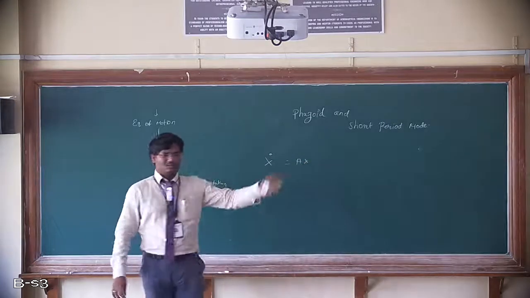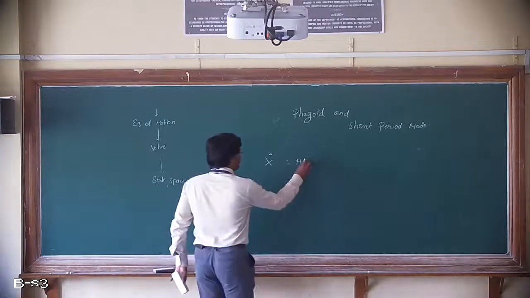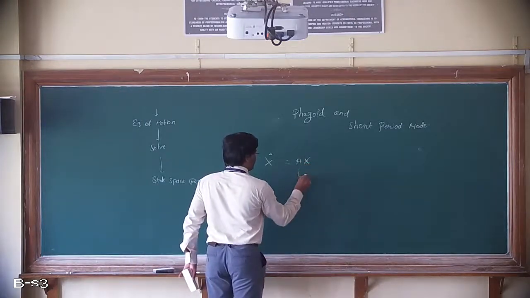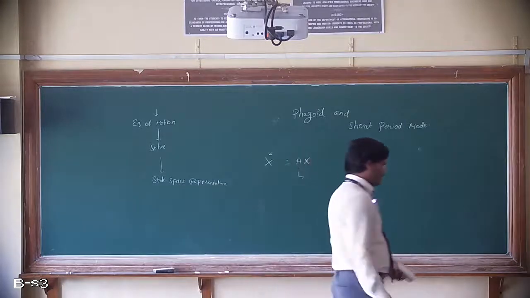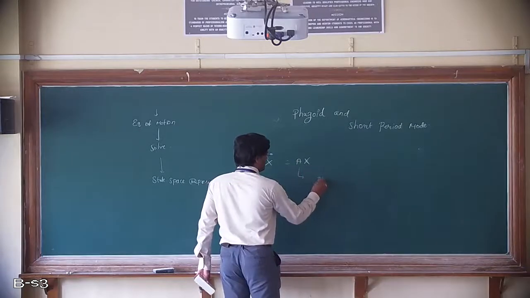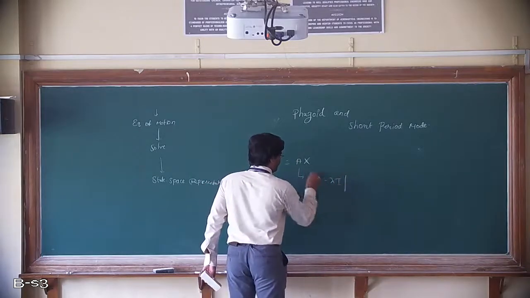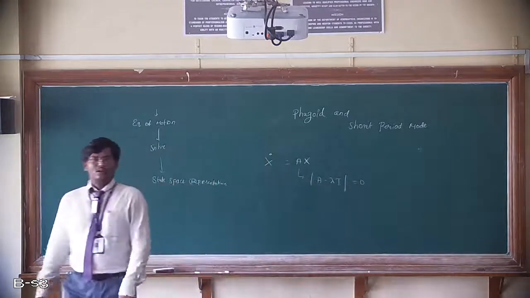When you bring these equations of motion into state space representation, that is x dot is equal to Ax. I'm not discussing the control part. This A is nothing but your system matrix.